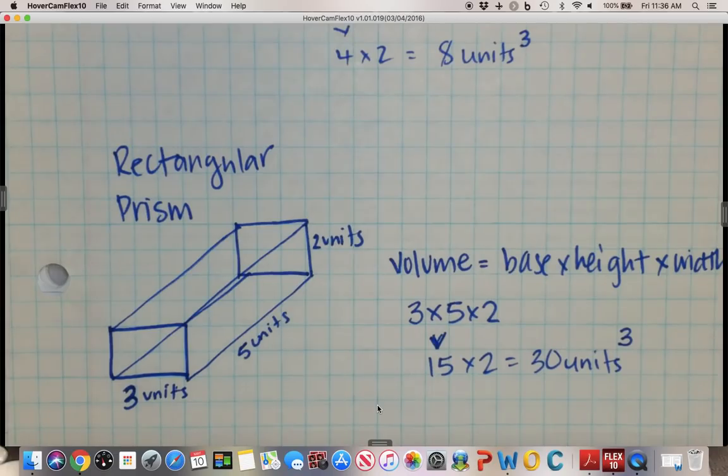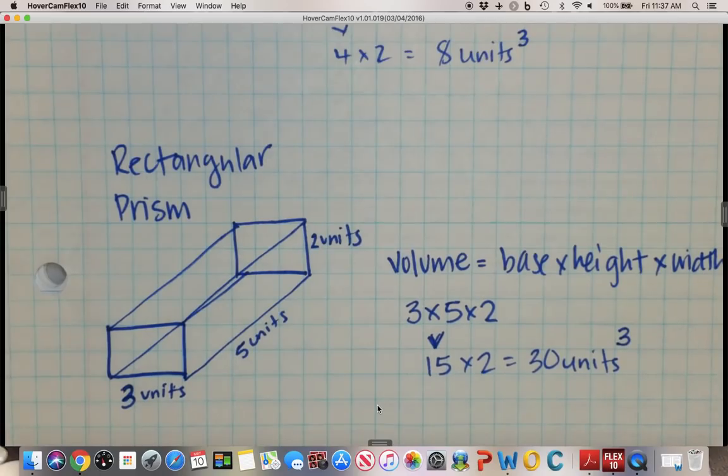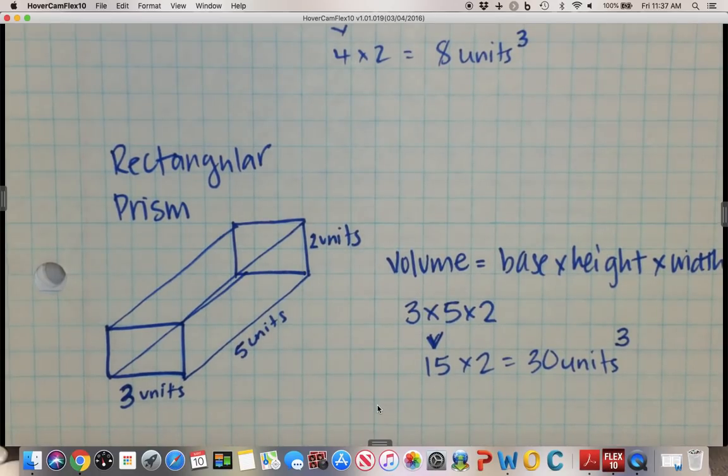I'm looking for it. Area, volume. Yes, okay. Just checking, it's here.